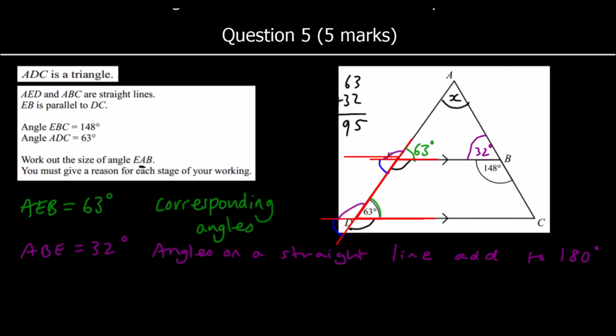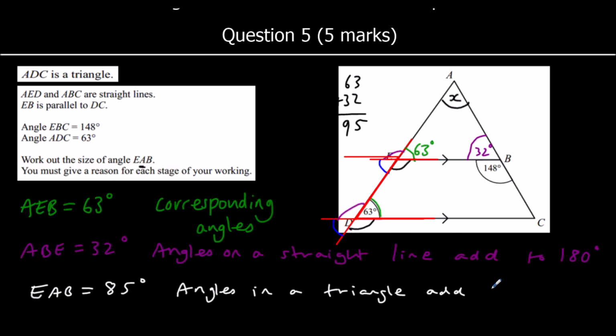How many more do we need to get to 180? We need another 85. So EAB is 85 degrees because angles in a triangle add to 180 degrees.